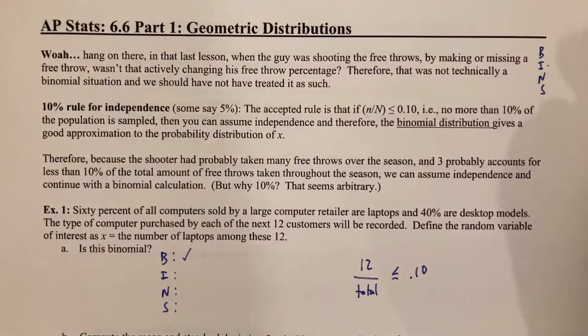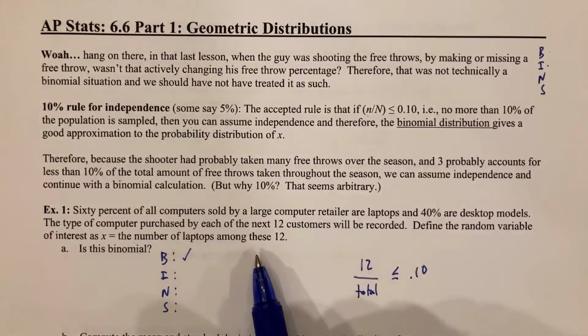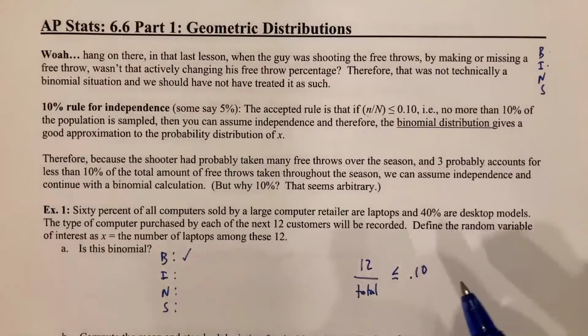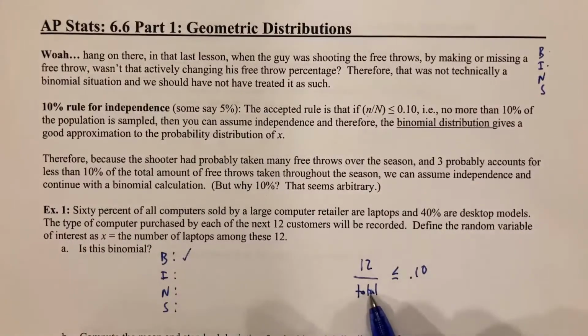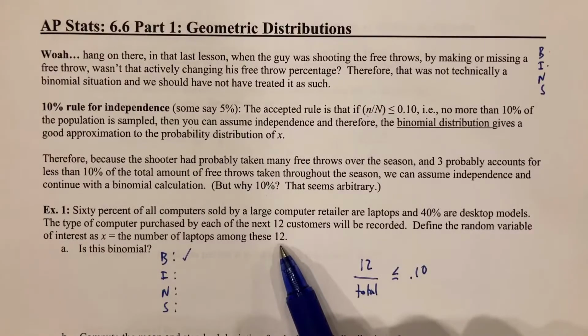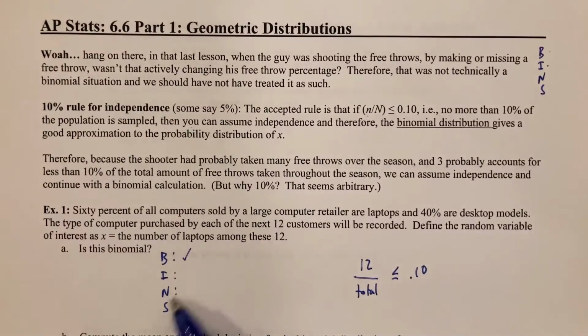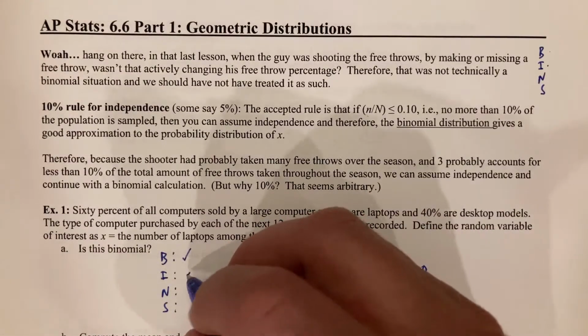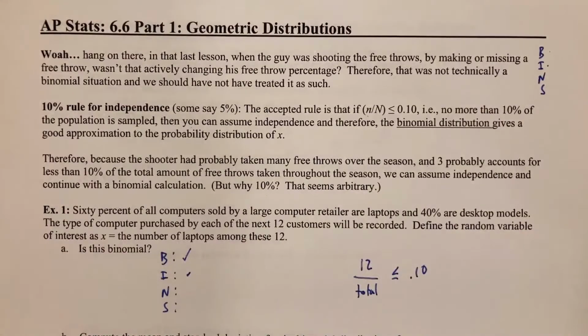But I'm assuming that overall this store is selling more than 120 computers for whatever their existence is. So I am making a little assumption here that 12 in the realm of all computers sold is not very big. And so therefore, looking at 12 customers is not going to affect the probabilities. We'll give it a little check mark for that one because it's kind of there.